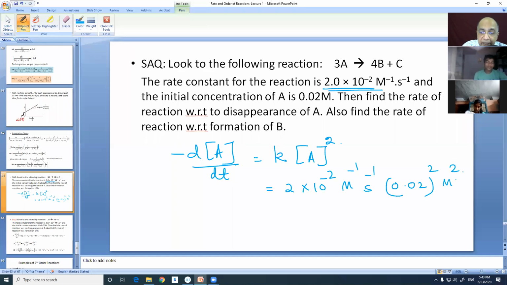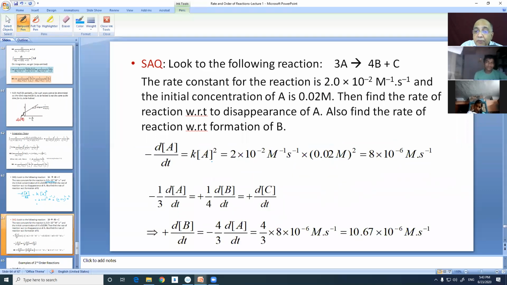So obviously it will come in moles per liter per second, because rate is always molarity per second. So what is the rate of A disappearance? I've done it. It is coming 8 into 10 to the power minus 6 moles per liter per second.